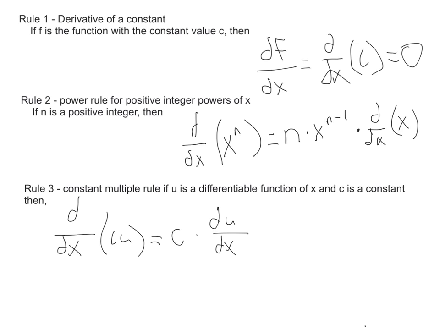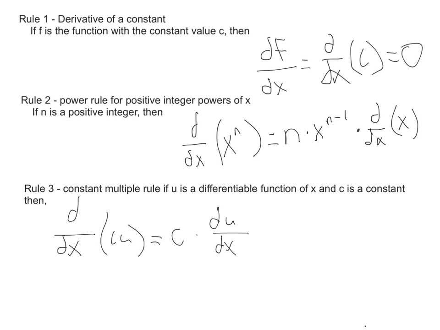So I've got 4 times 2 to x to the power, well, 2 minus 1 is 1, times 1, or to make a long story short, the derivative of 4x squared is simply 8x, without having to use the definition of a derivative. Things get much, much nicer.